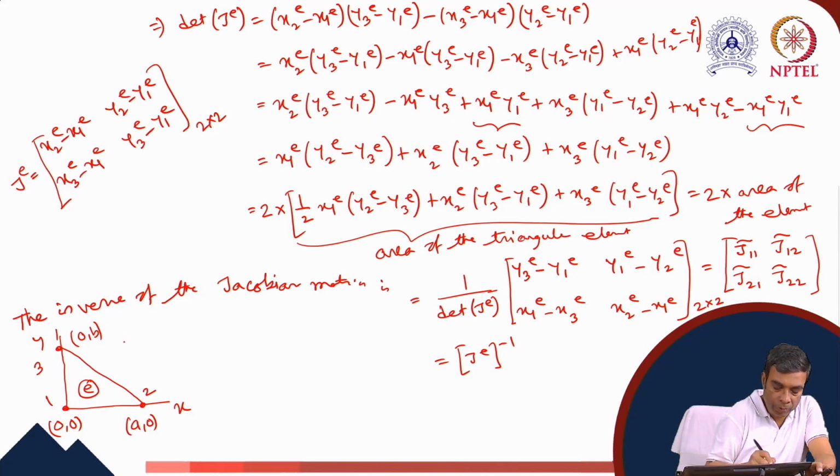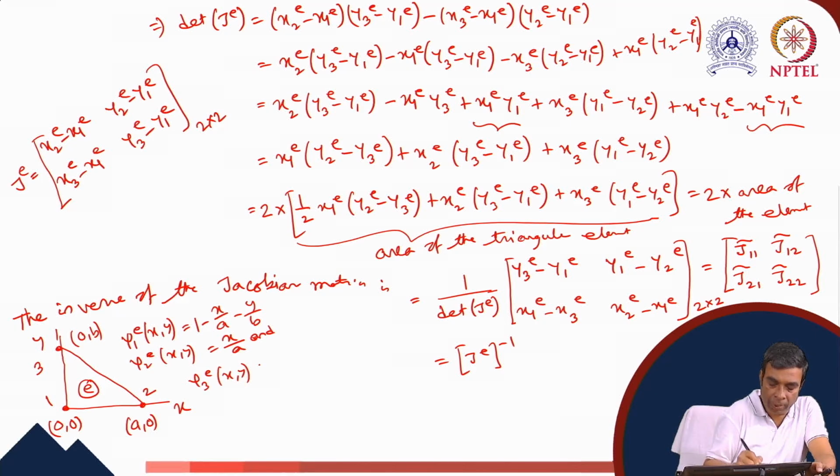For this element, we found that psi 1 E xy equals 1 minus x by a minus y by b, psi 2 E xy equals x by a, and psi 3 E xy equals y by b.